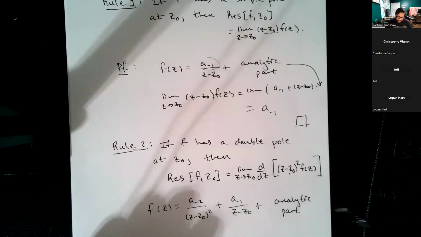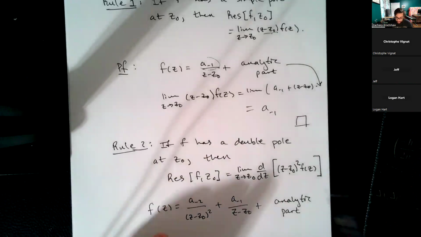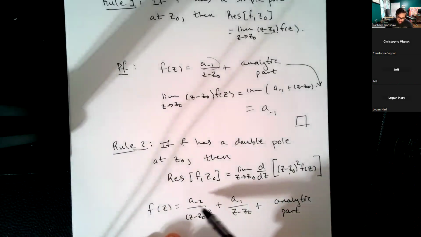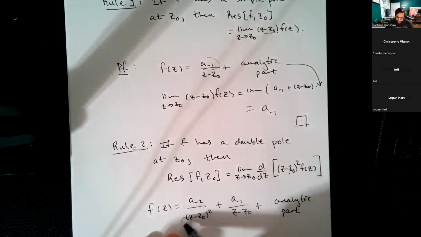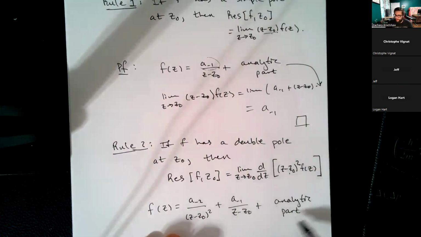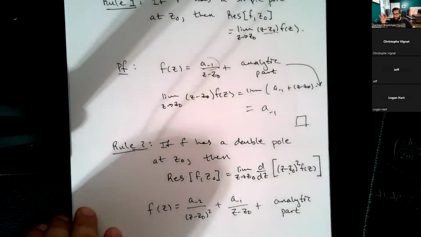So if you took the limit there, what you would get is the A minus 2 term. That's not what we want. We want the A minus 1 term. So now we take the derivative. That gets rid of this guy, and we're left with A minus 1 plus something analytic that goes to 0 in the limit. So more or less the same proof.